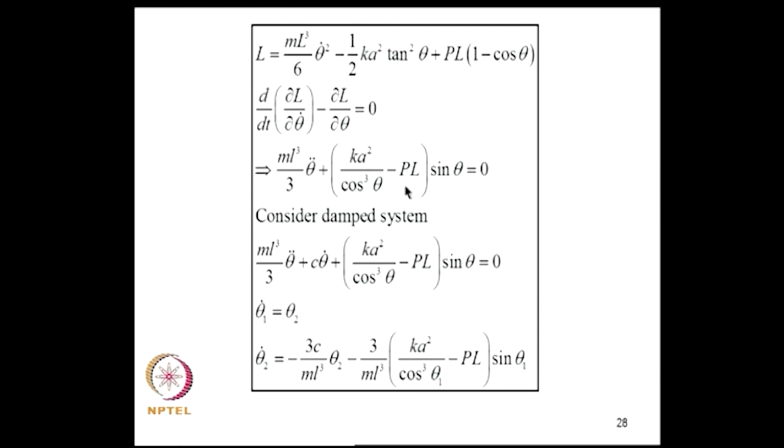So, for the sake of discussion we will also include that there is dissipation in the system, which is notionally represented through a viscous damper. So, the governing equation for free vibration of this system is given by this. Now, I will again introduce the state space form, theta 1 dot is equal to theta 2, and theta 2 dot I will derive from this, dividing by m L cube by 3, and I get this equation.